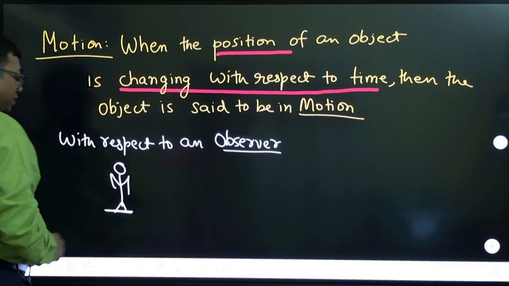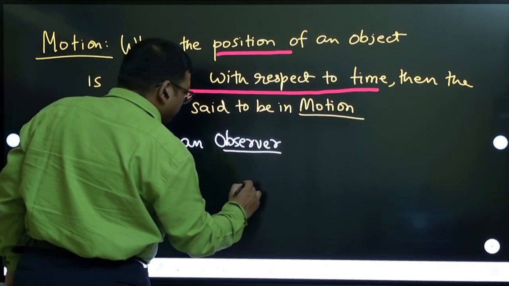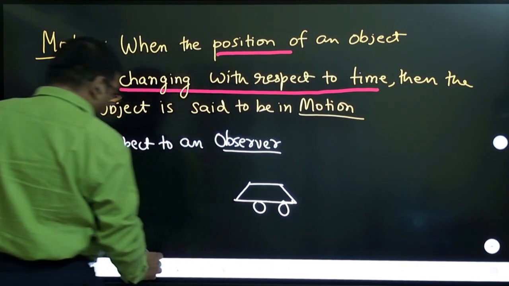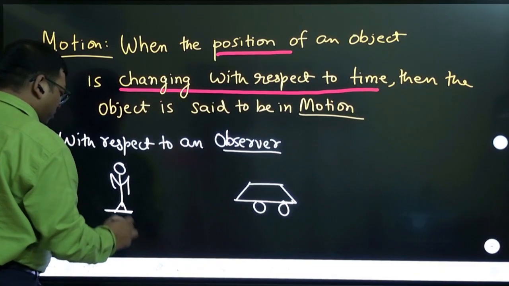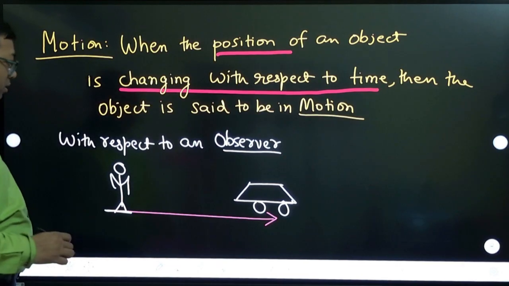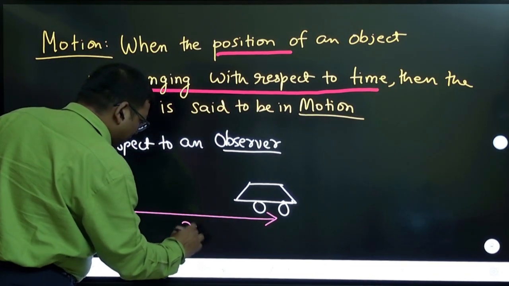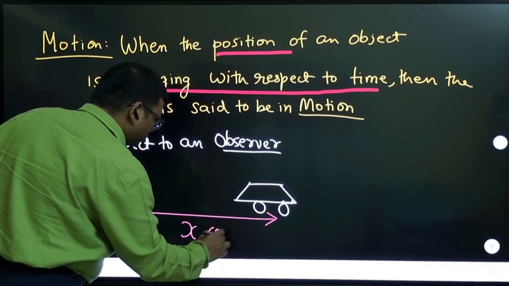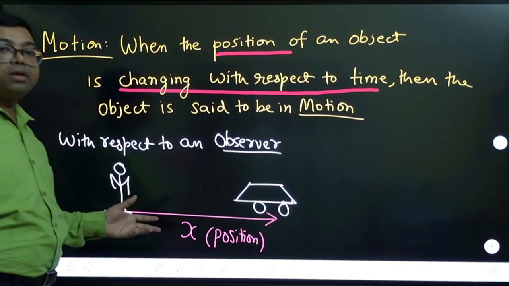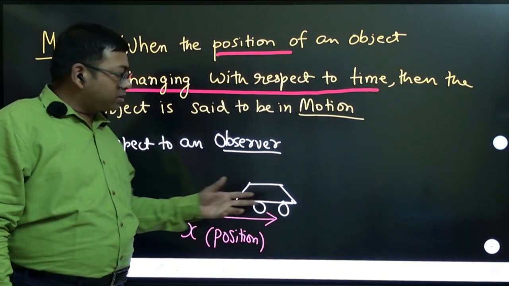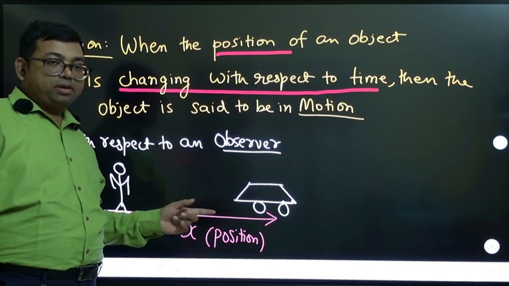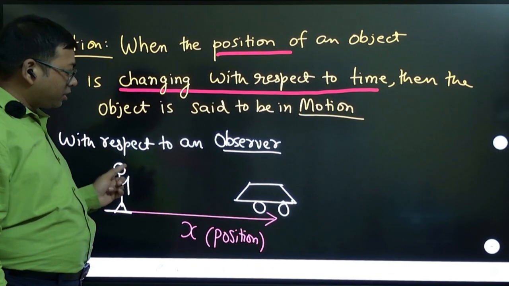Suppose there is an observer, a person, standing here and he sees a car at some distance from him. Let us write this as x. Here x represents position. x is the position of this car. If this car is moving, then x will be changing with respect to time and with respect to this observer.